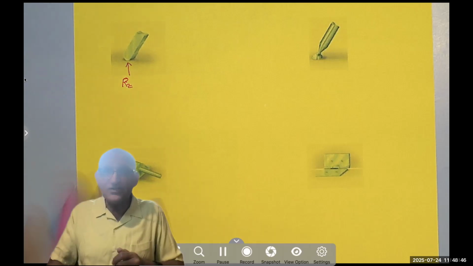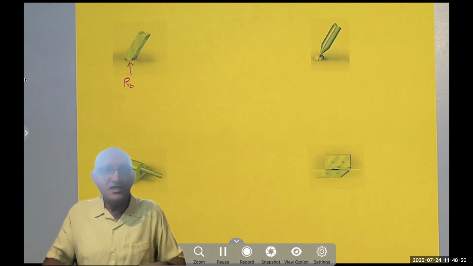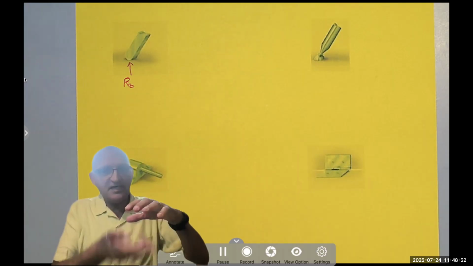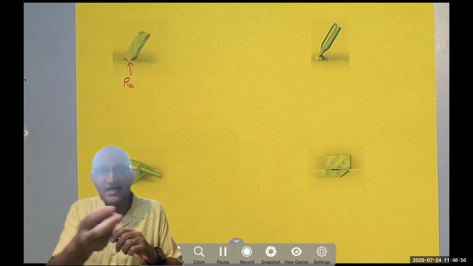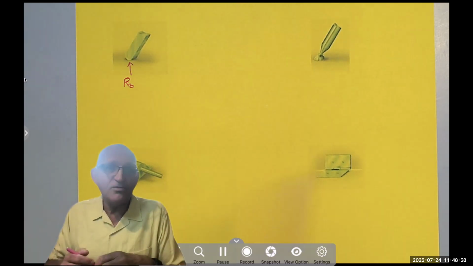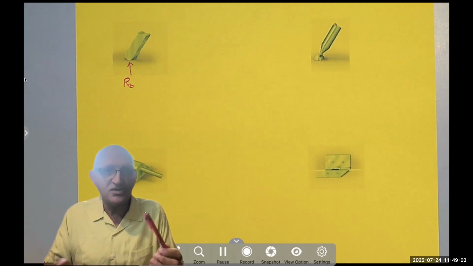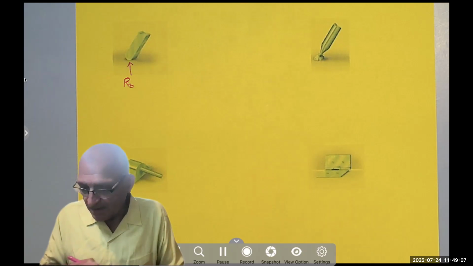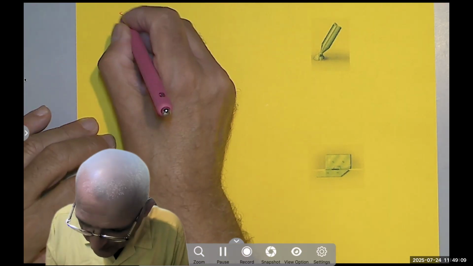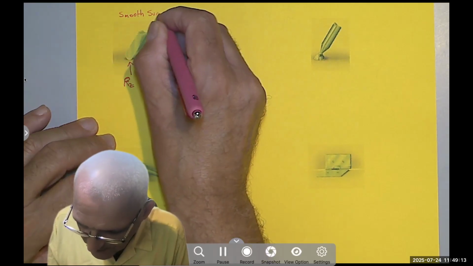So a smooth surface, or even if I have a ball here or a roller, it can slide, like when you attach casters to the bottom of your heavy furniture so that you can move it easily. So that's a smooth surface.